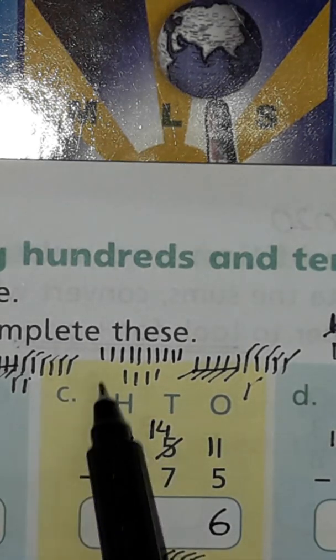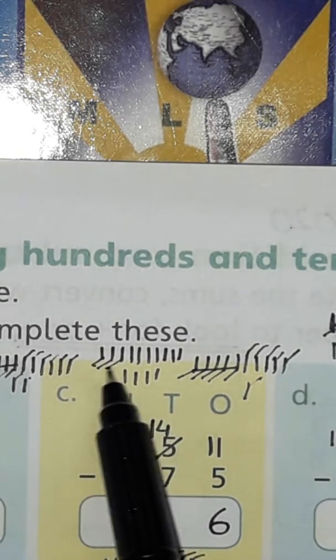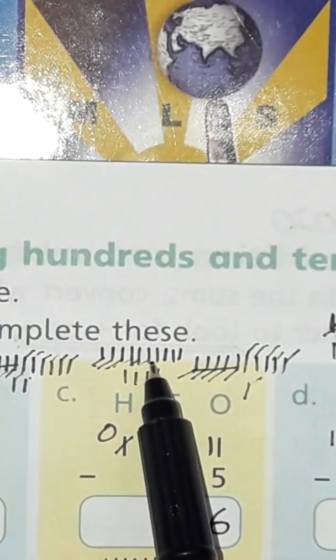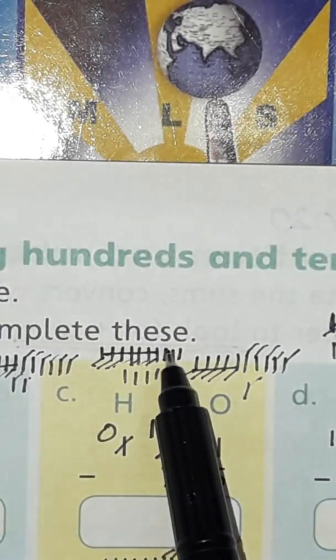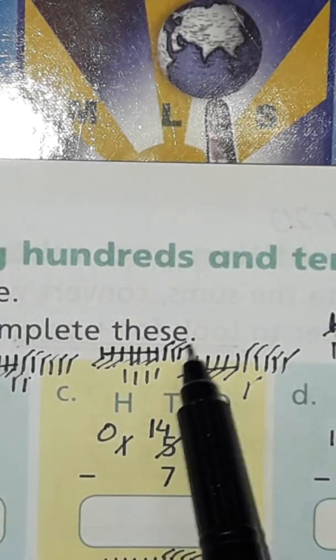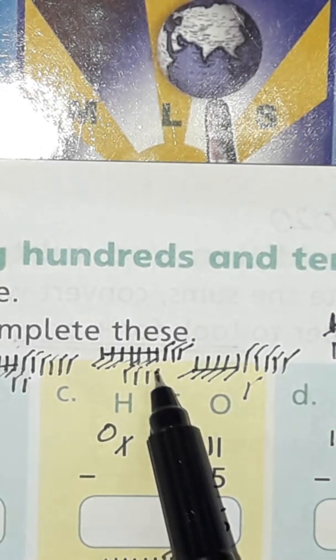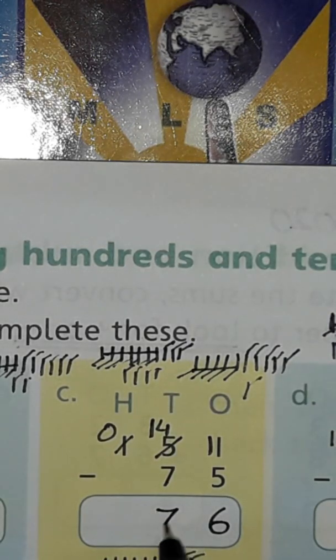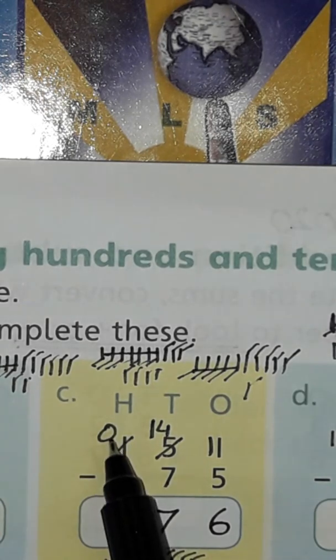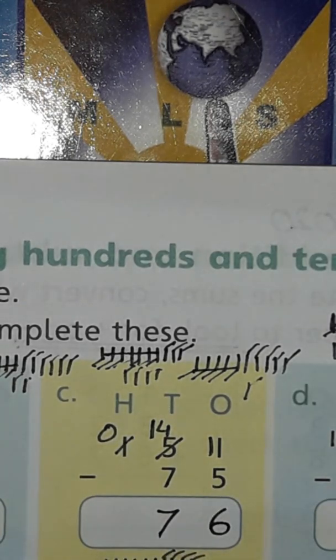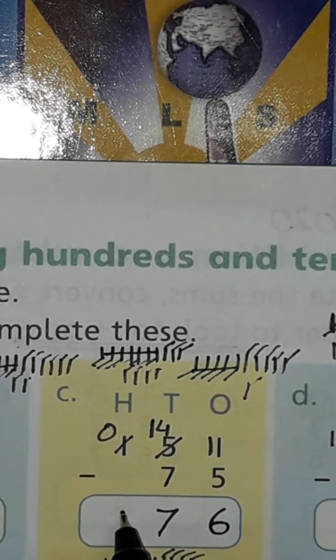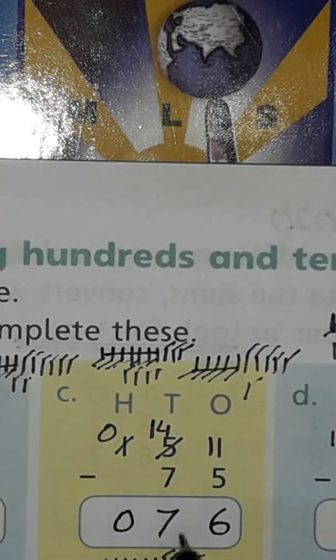Second number is 7. 7 lines. Count these lines. 1, 2, 3, 4, 5, 6, 7. The answer is 7. No number is here. It's okay. If you are not writing the number, or if you want to write, you can write here 0. The answer is 77.